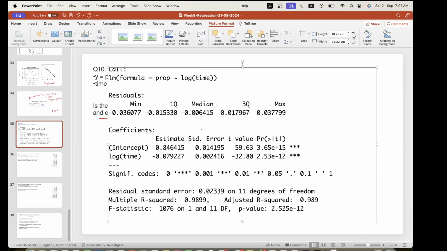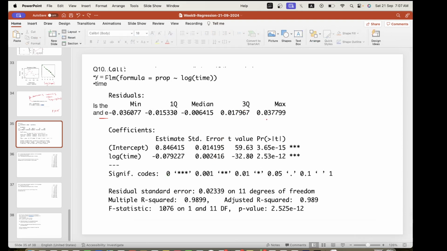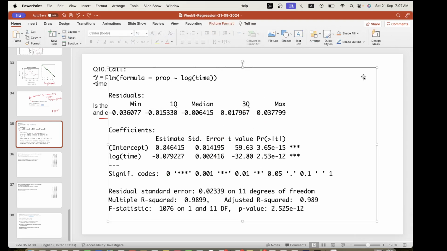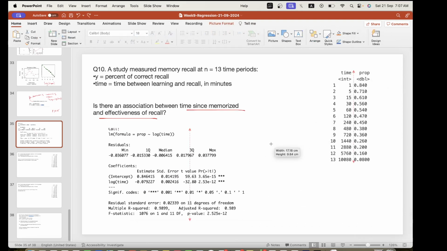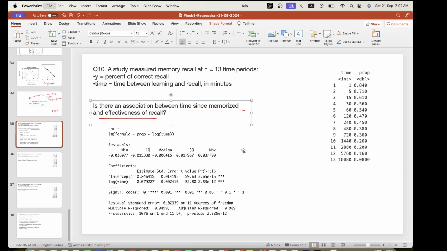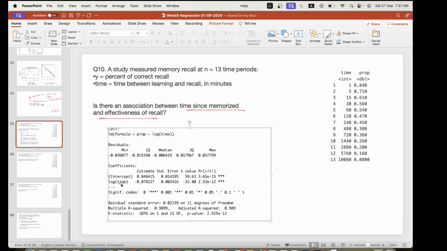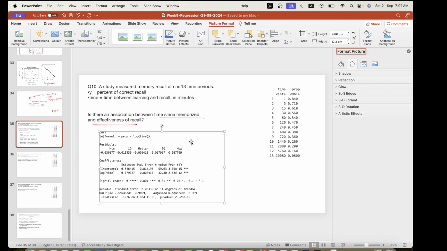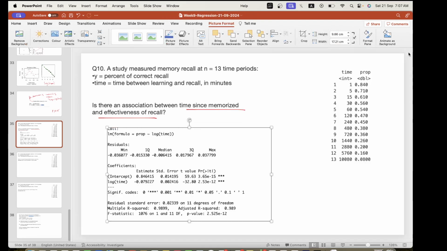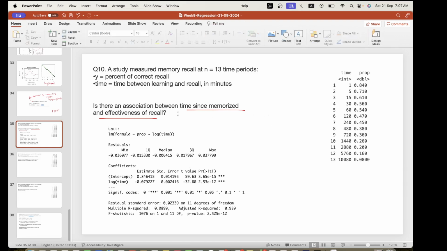So from here we see if there is an association between time since memorized and effectiveness of recall. Time since memorized is this thing, log time, and effectiveness of recall is proportion.